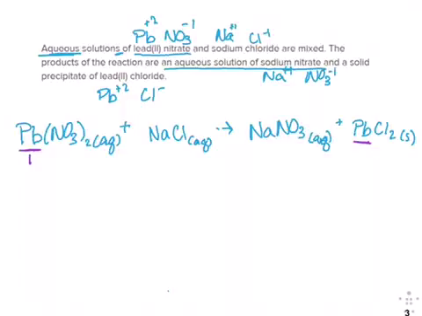There's 1 there. And how many on the reactants or product side? 1, very good. And then how many NO3s? We have 2 here. And how many NO3s do we have here? 1. So how are we going to fix that? Add a 2, good, right here.